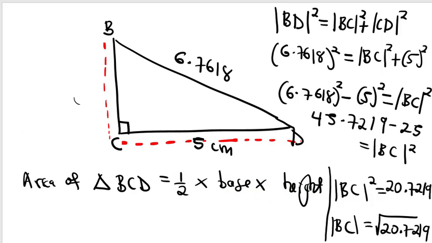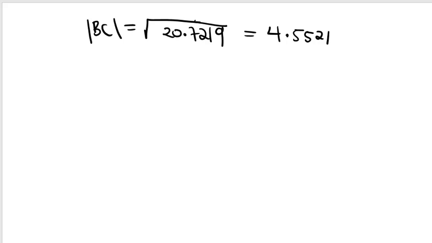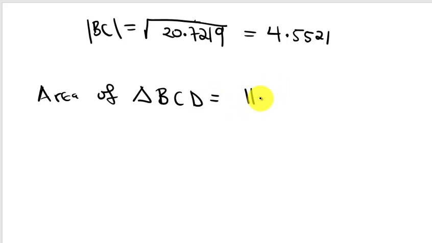In this case, we have half times the base, which is 5, times our height, which we had as 4.5521, and this is going to give the area of triangle BCD to be equal to 11.3803.